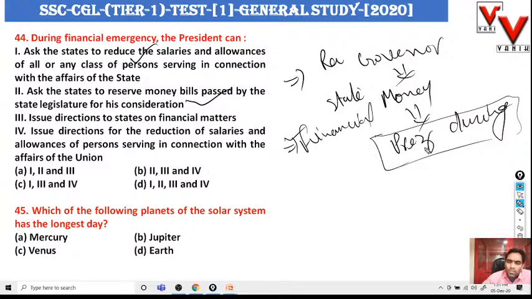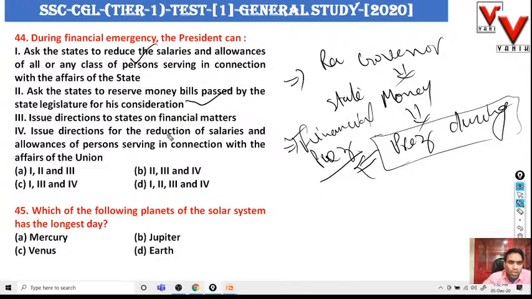But there is a provision that when a financial emergency is proclaimed, it can be proclaimed by the President of India only. Then the President can reduce the salary of any and every section of society serving within the territory of India. And in that situation, the governor is definitely going to reserve the money bills passed by the state legislature for the president's consideration.